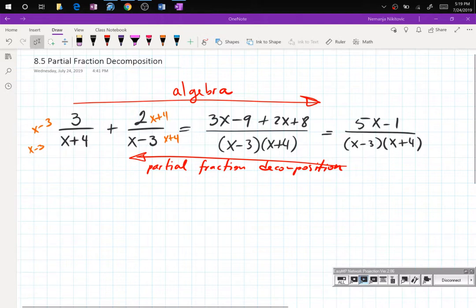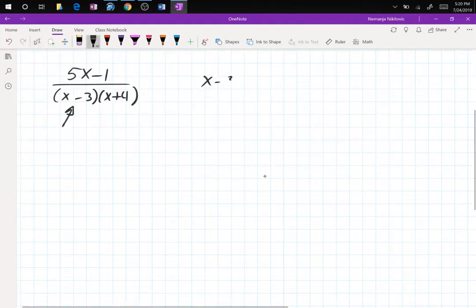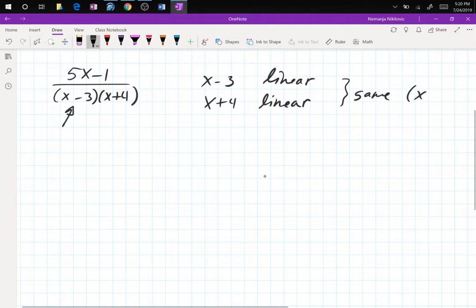If this holds. So if you go through the calculation, x minus 3 is linear. And x plus 4 is also linear. So these are the same. We can call that the x minus c case.